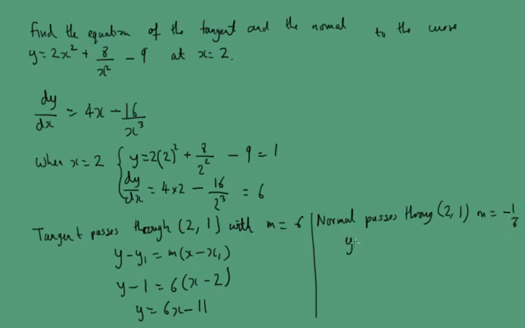So y minus 1 equals minus a sixth times (x minus 2). And rearranging that, you're going to get x plus 6y equals 8. It's a good idea if you've got a fraction here to multiply through to get rid of the fraction.